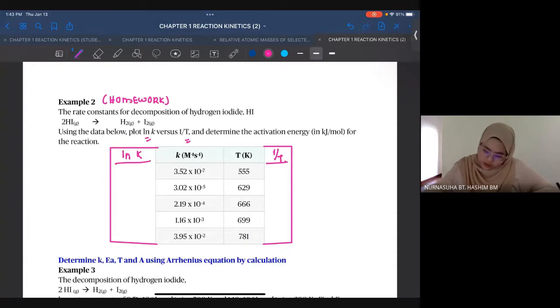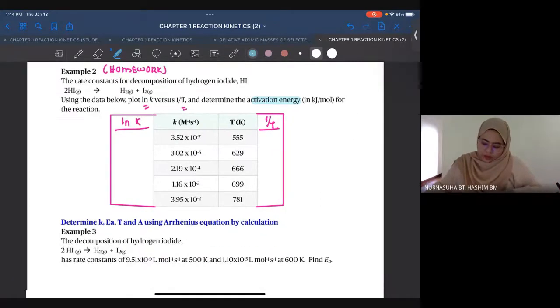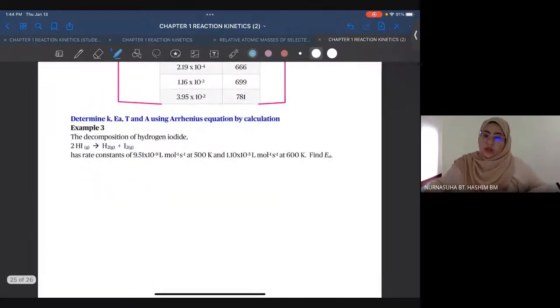So cuma untuk example 2 ni dia nak cari apa? Determine the activation energy. Okay, tak apa. Yang pentingnya graph tu dulu. Okay, graph tu madam nak tengok. Okay, so itu untuk graph lah.